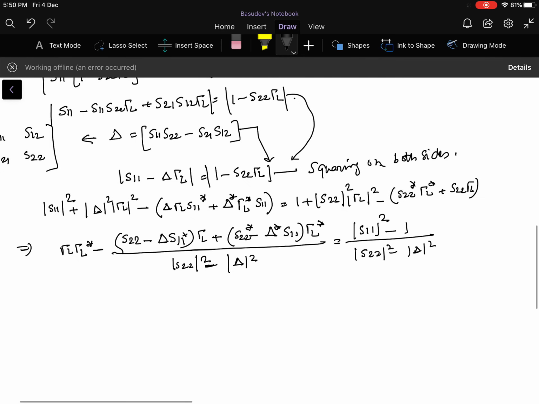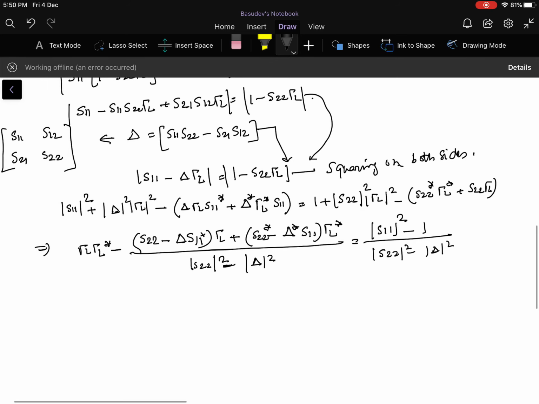So this step, I did a step jump. Actually it is there in the Pozar book, you can see it.